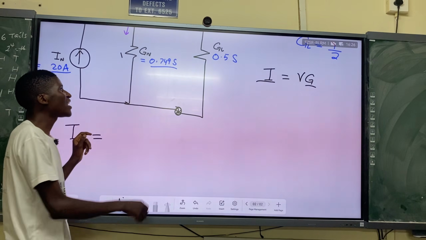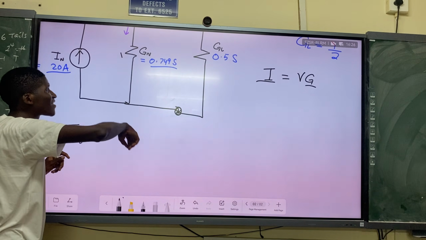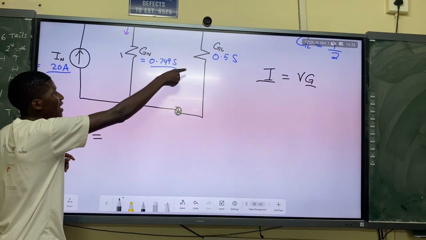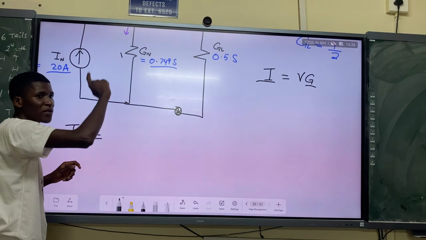So if we combine these conductances, you can make the ratio. Which one is smaller, 0.5 or 0.749? 0.5.